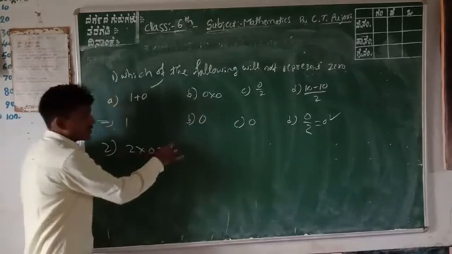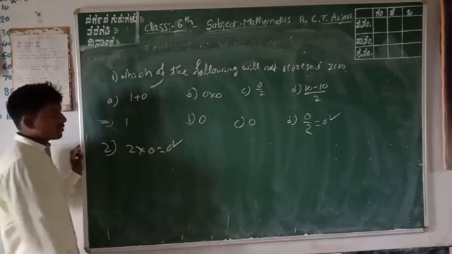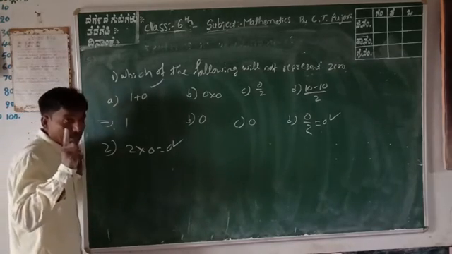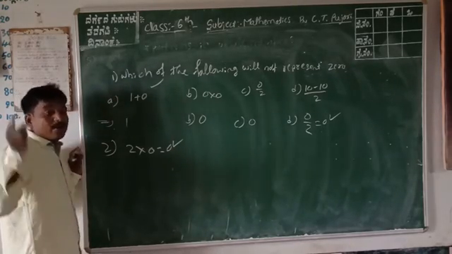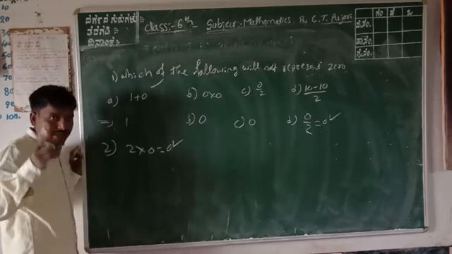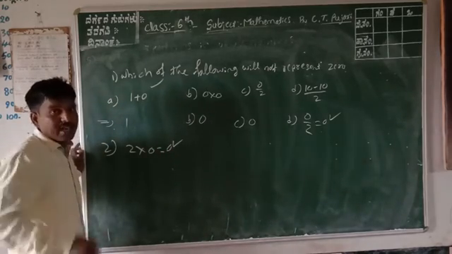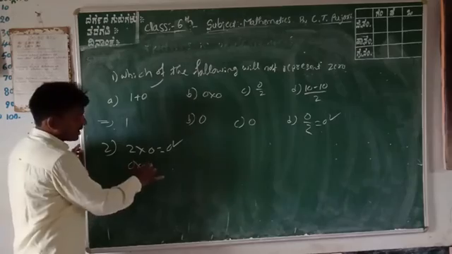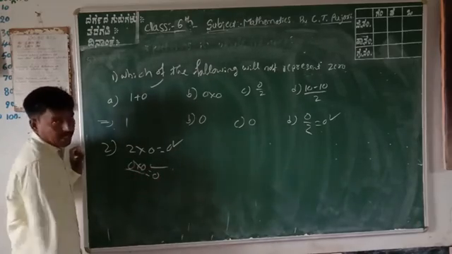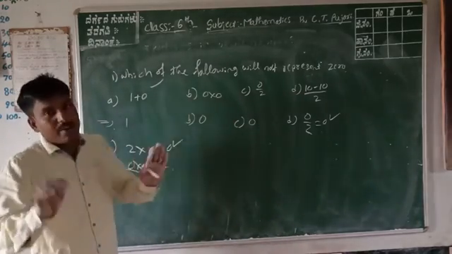Therefore, 2 into 0 is 0. But when you take the product of two whole numbers and the answer is 0, both being zero is not necessary. But any number into 0 is always 0.